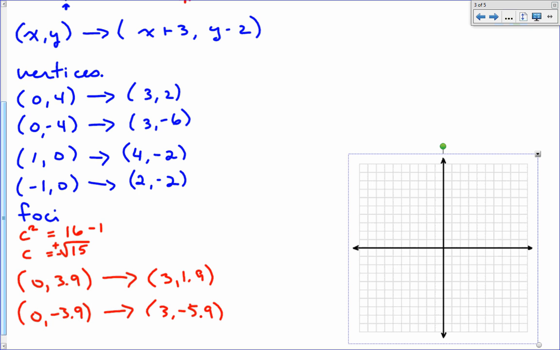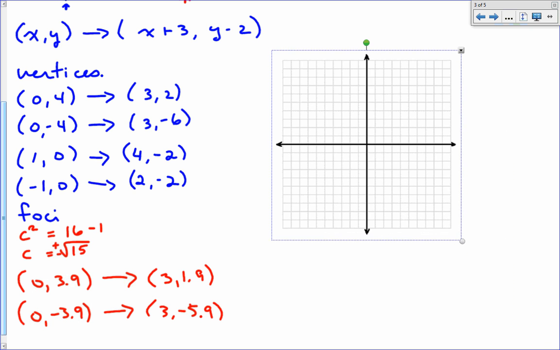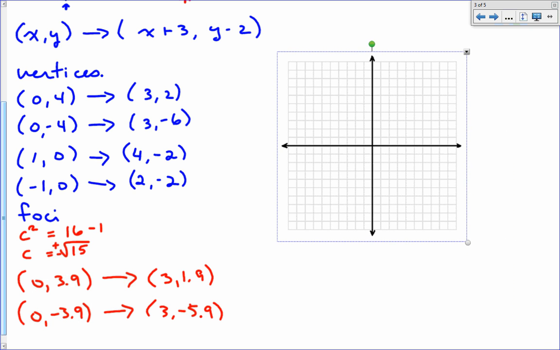I'm going to just move the graph here a little bit. And so we are centered at (3, negative 2). Our vertices are (3, 2) and (3, negative 6).